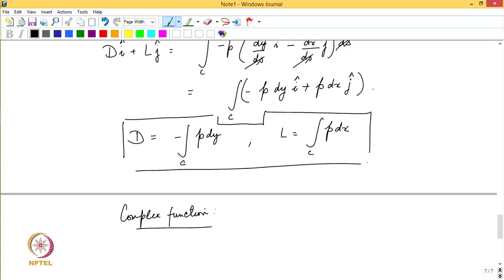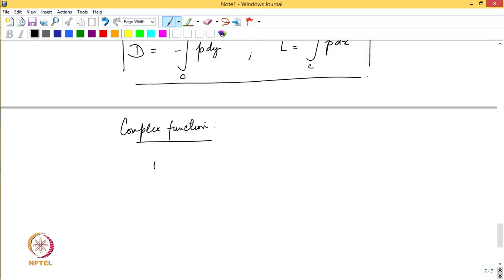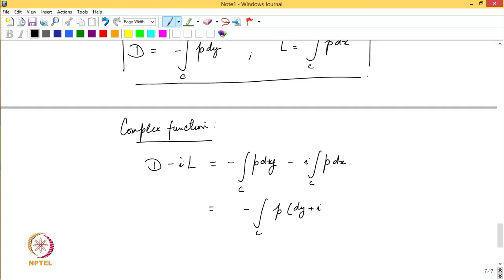We construct a complex function which is d minus iL, where d is a drag force, L is a lift force. In terms of the integral, this would be minus p dy minus iota p dx, which I can also write as its integral over the same contour. So, I can say this would be p dy plus i dx.